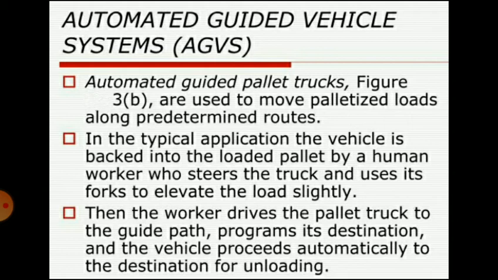After programming its destination, the vehicle proceeds automatically to the destination for unloading. The capacity of AGVS pallet trucks ranges up to several thousand kilograms. More recent forklift AGV can achieve significant vertical movement of its fork to reach loads on racks and shelves.